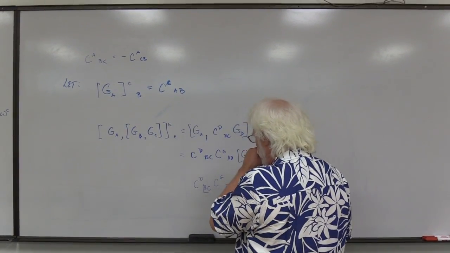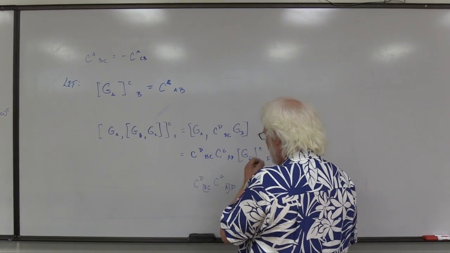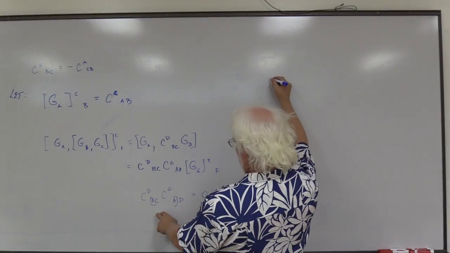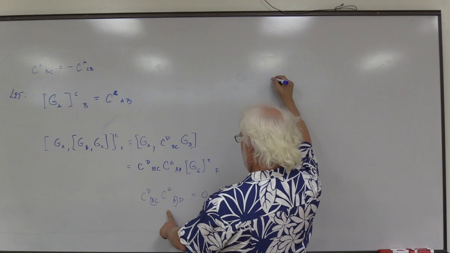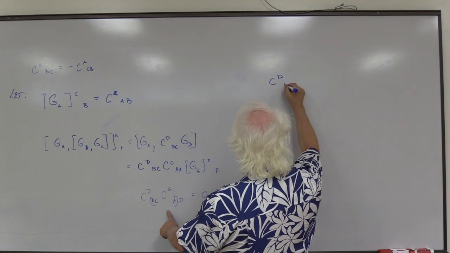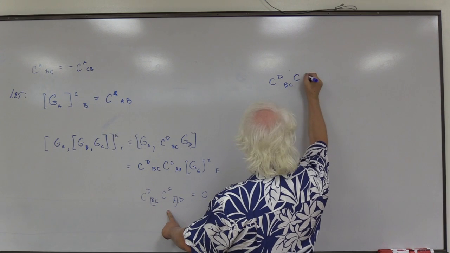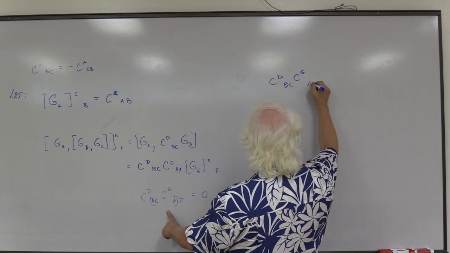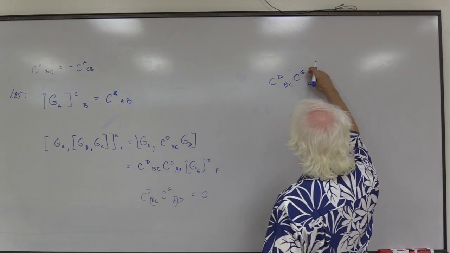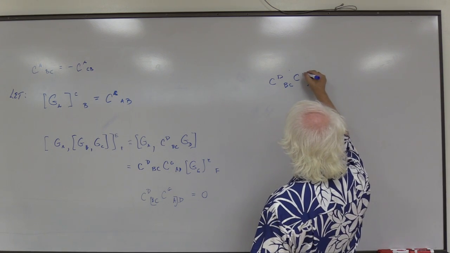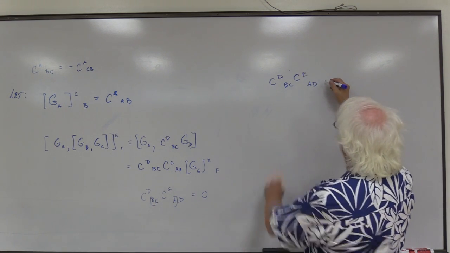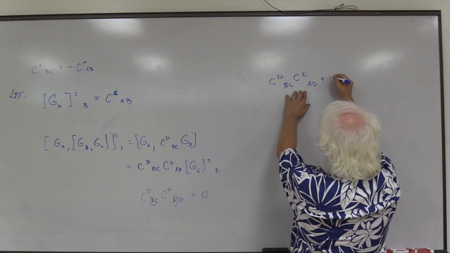But now I can write this. Here we have C, D, B, C, C, G, A, D. Let's make that G into an E. It's too far down the alphabet. Okay, I was going to cycle ABC.